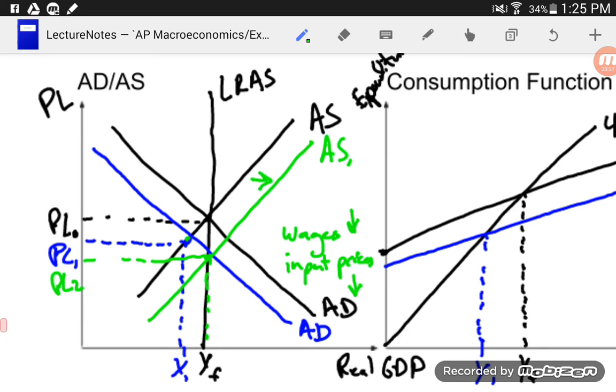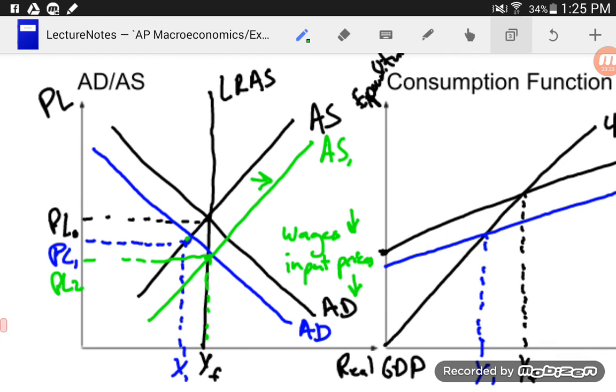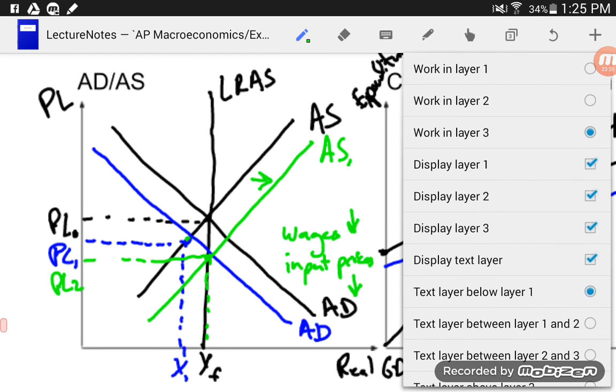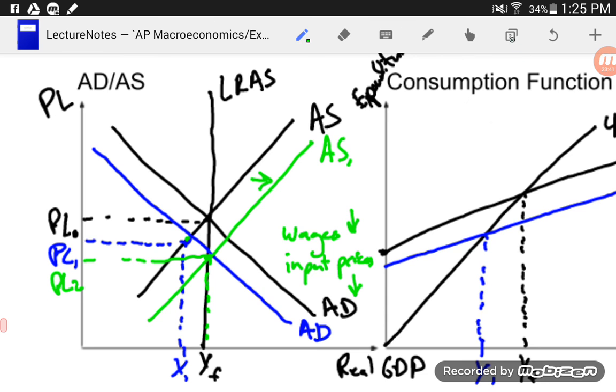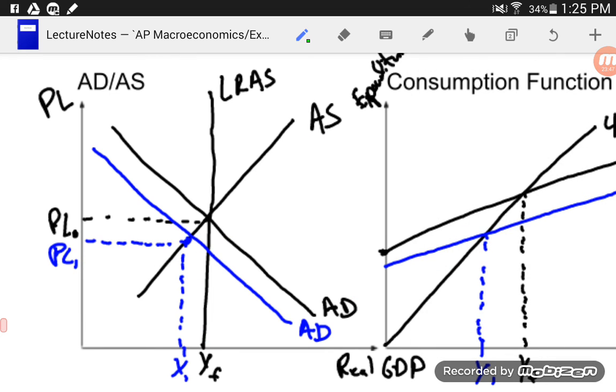And that's perhaps the biggest difference between the classical economist and the Keynesian economist in terms of what we need to do when we get to this position here.